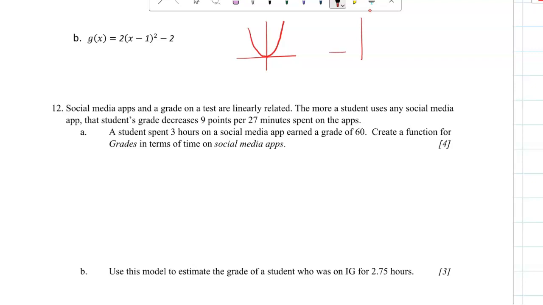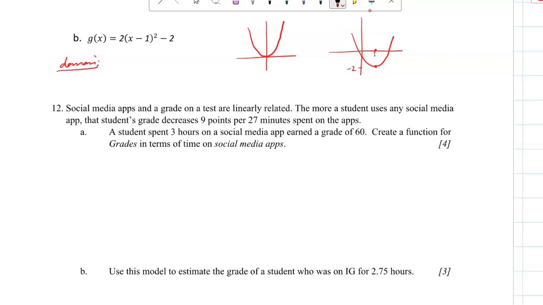Right 1 and then down. So domain: 1 comma infinity. Yeah.